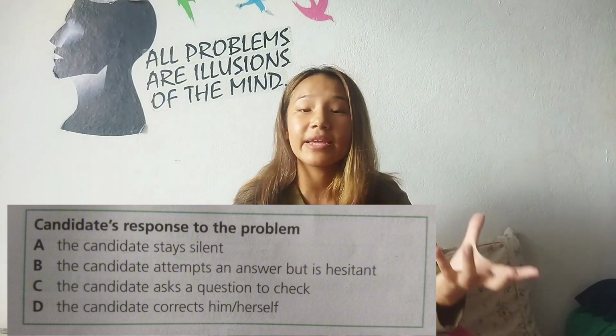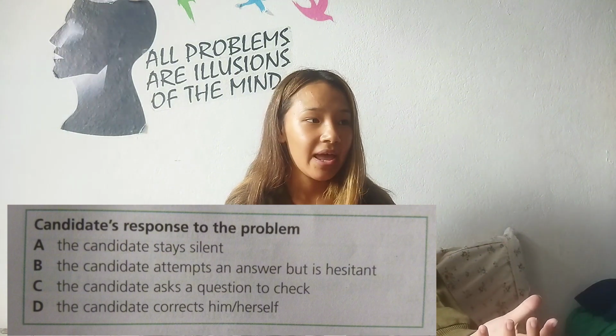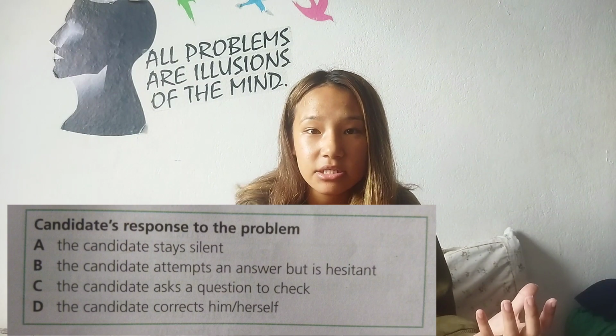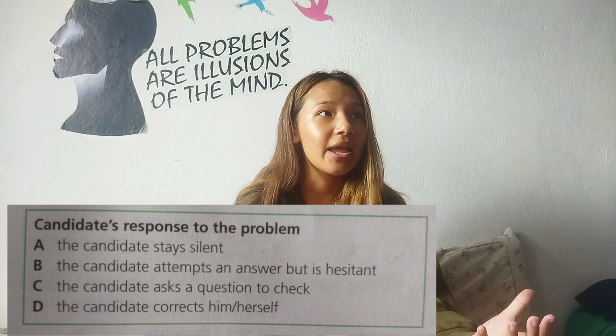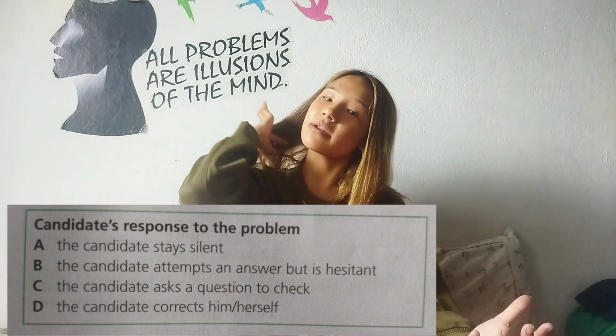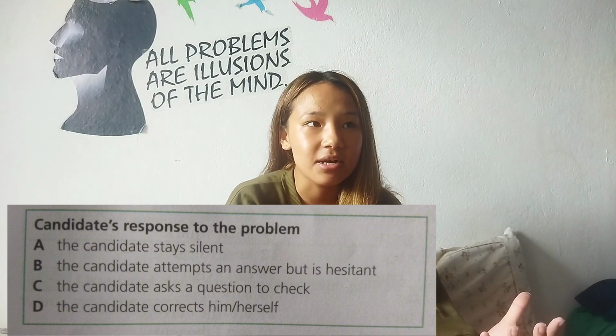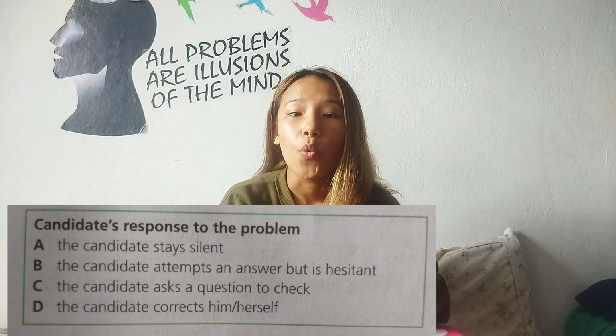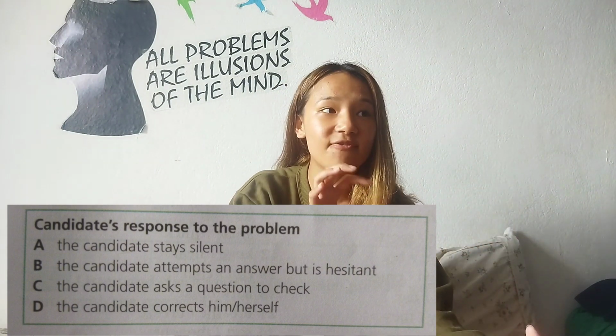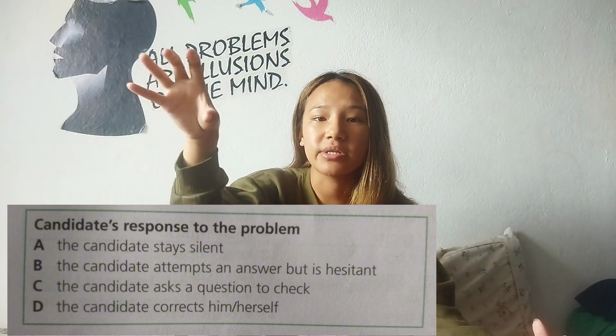So an examiner asks a question, right? And what most IELTS students do is they answer it, but they are not confident about their answer. And while they are answering, what does the examiner do if they find that our answer is not correct?